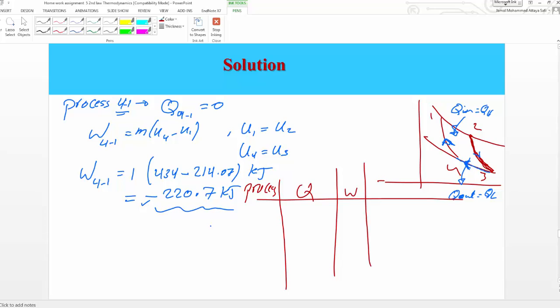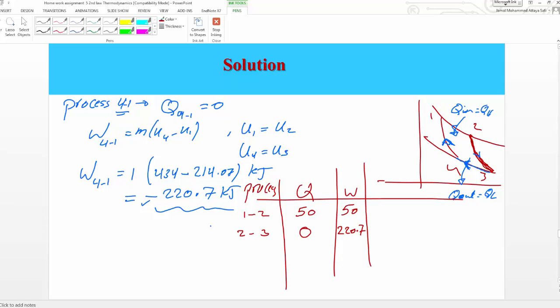So process 1 to 2, Q is given actually, 50, and we have calculated the work is 50, an expansion. From 2 to 3, there is no Q, it's adiabatic, and the work is actually the mass multiplied by the change of internal energy.